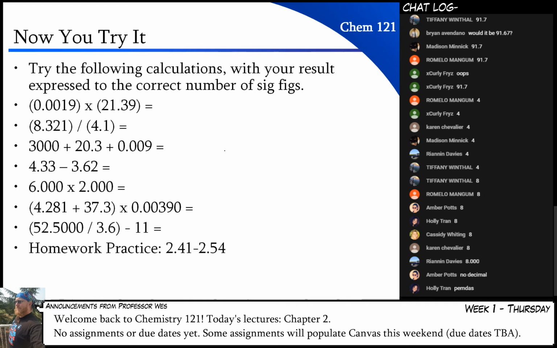That's the critical part, okay? Because anybody can do these problems. You just have a calculator. You just type it in, right? But how do you know whether you report 0.04041648, or do I round somewhere, or what? That's where the rules for sig figs come in. If you follow those rules, everybody will get the same answer every time.